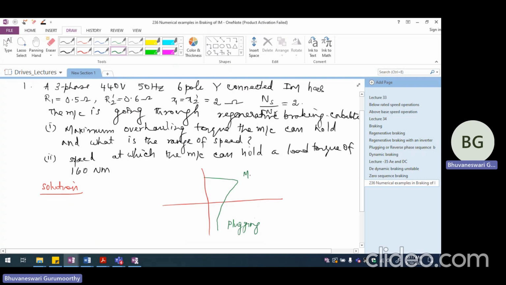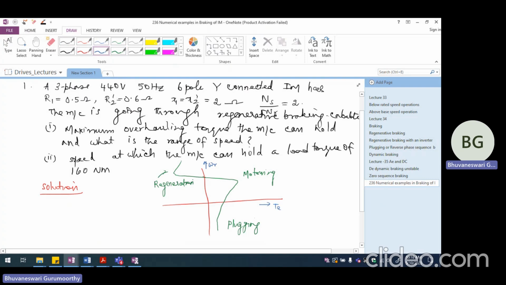This is the motoring region, whereas this is going to be the regeneration or generating region. So these are the three regions of operation, and this is the speed axis. So this is omega R or omega M, mechanical speed, and this is going to be the torque axis.